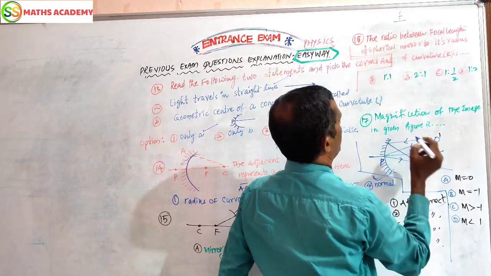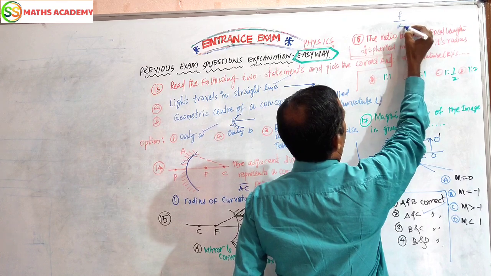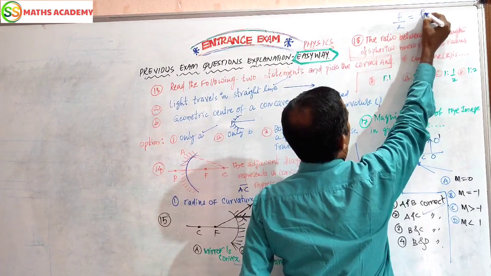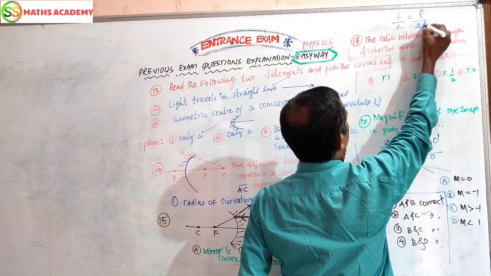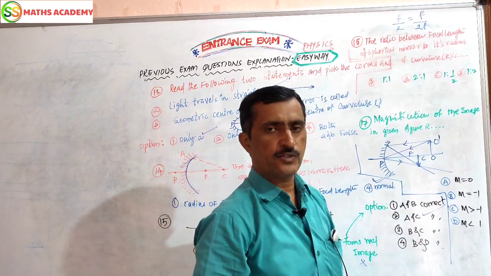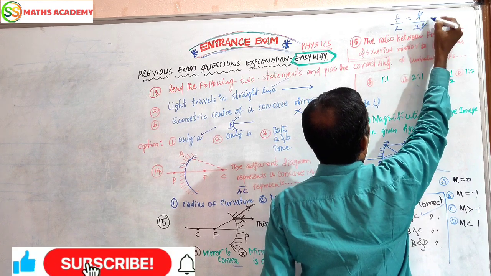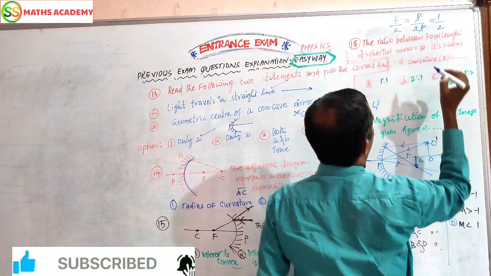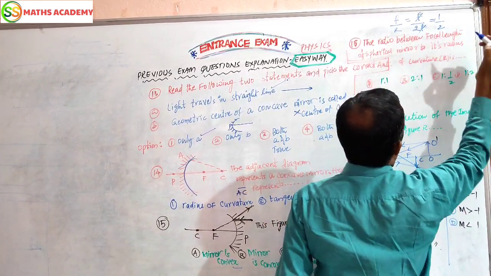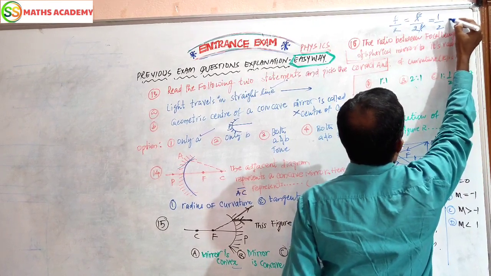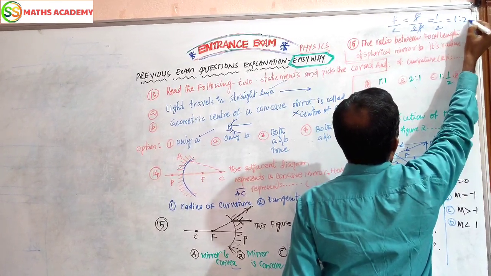Take the focal length F and radius of curvature R. We already know, children, R equals 2F, the radius of curvature is twice the focal length. Now F gets cancelled, and finally you will get 1 by 2. You may write this as 1:2.